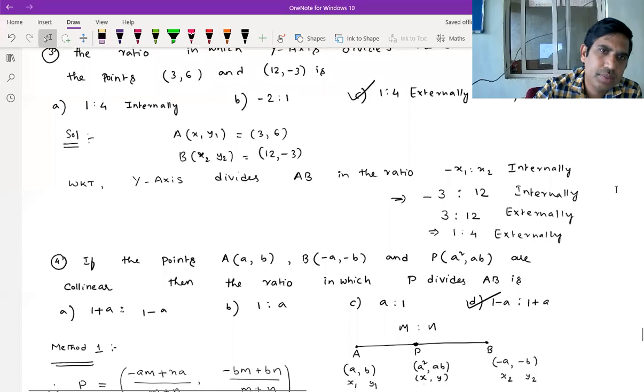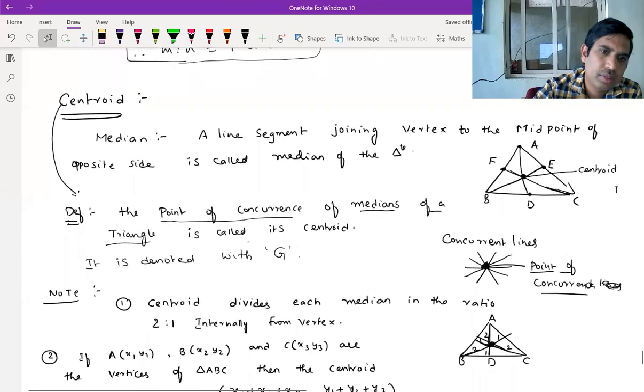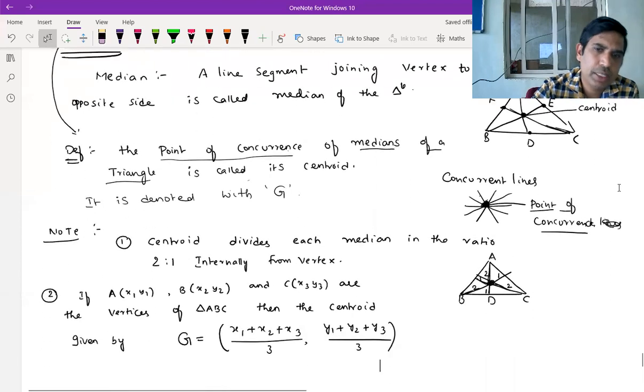Next page. Next page. Right. This is the page, last page.